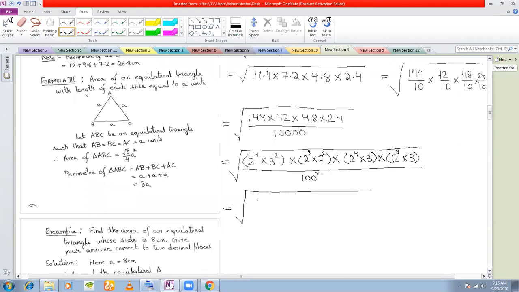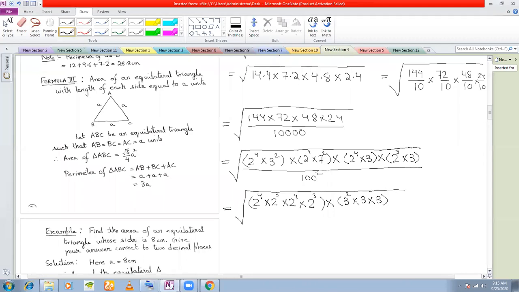Let us take the 2's together: 2 to the power of 4 into 2 cube into 2 to the power of 4 into 2 cube. Now I take the 3's together: I have 3 square, a 3, and another 3.